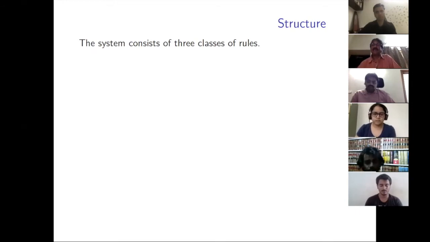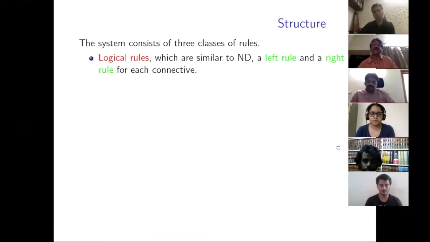Okay. Thank you. So in sequent calculus, it's all about structure. The system consists of 3 classes of rules. First, the so-called logical rules, which is the part that is similar to natural deduction.